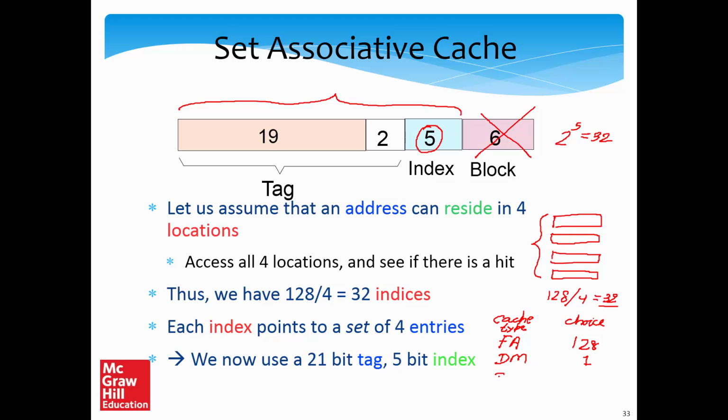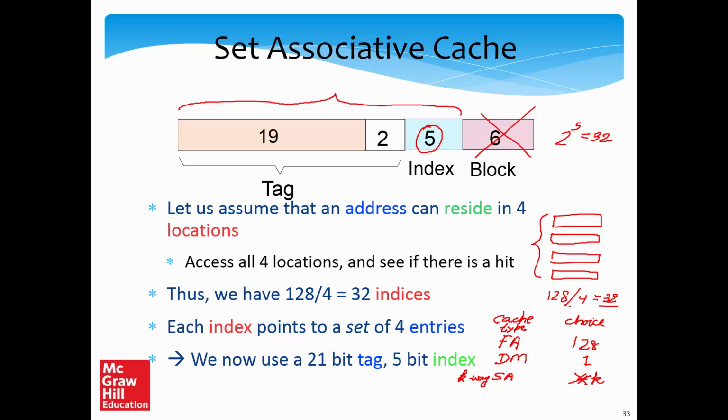In a set associative cache, our choice in this case is 4, which means that the line can be anywhere in a set of 4 entries. So in general, we can define what is called a k-way set associative cache, where k is the number of entries in each set. So instead of 4, it will become k. So this particular example is a 4-way set associative cache.